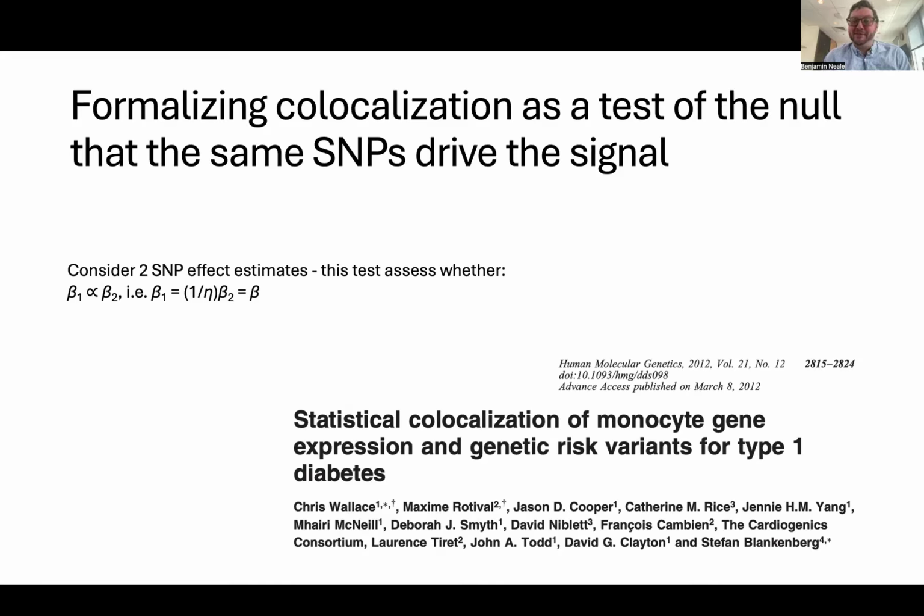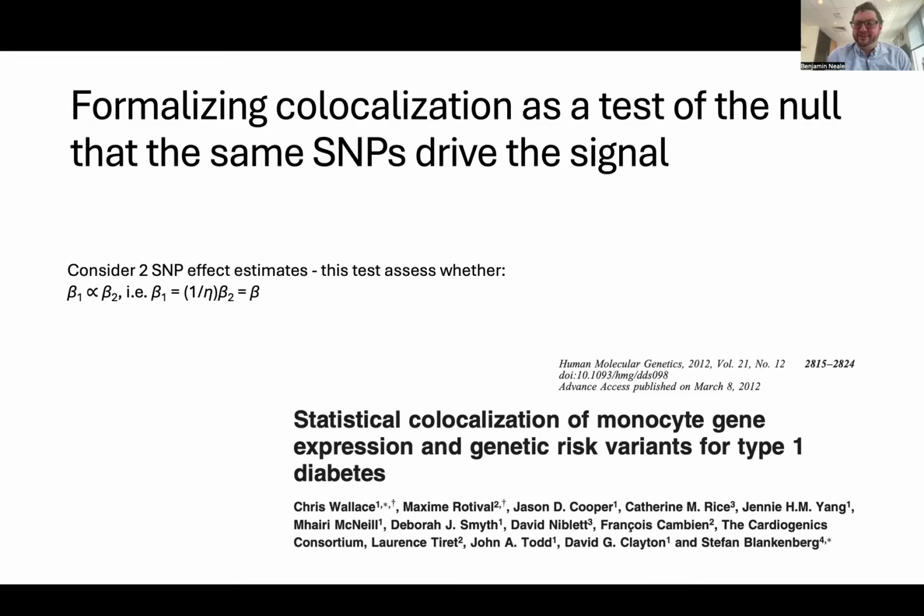And the test had this unusual property of the more associated it looked, the more evidence you had to reject that there was a single causal variant, and the more you had reason to believe that there was not actually a single signal driving the association. The downside of this kind of approach, however, is that it leaves you a bit confused if you fail to reject the null, insofar as you might not have sufficient statistical power to really show that there's any difference between the association signals.